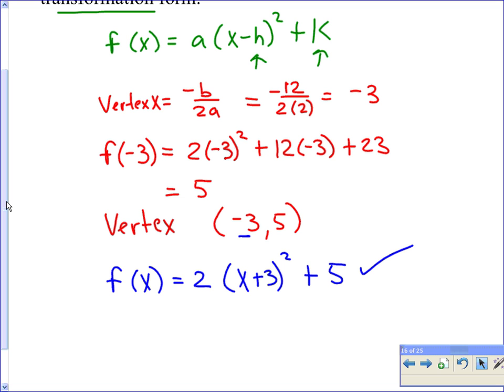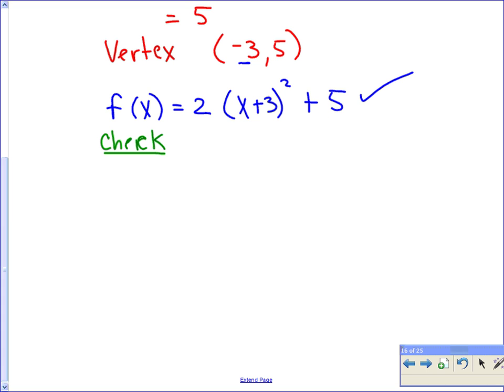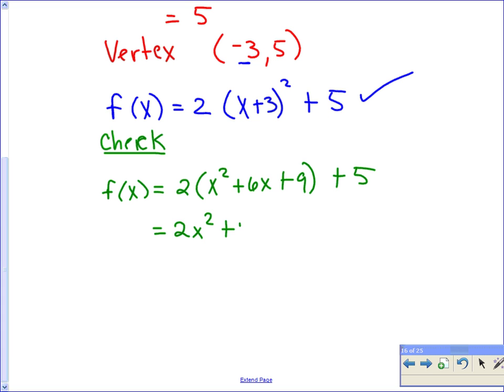Now we could check this just by multiplying back out and see if we did get the polynomial form. So I'm just going to check. Not something that you always have to do, but certainly if you need reassurance or if you want to do the problem a different way, f of x is equal to 2, and if I square the x plus 3, I'm going to get x squared plus 6x plus 9 plus my 5, and then I distribute that 2: 2x squared plus 12x plus 18 plus 5, and then 2x squared plus 12x plus 23.